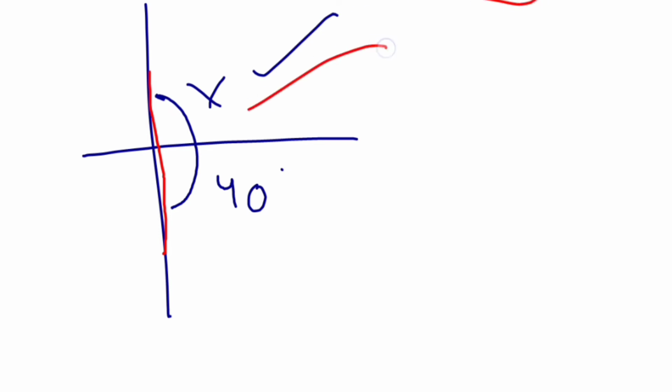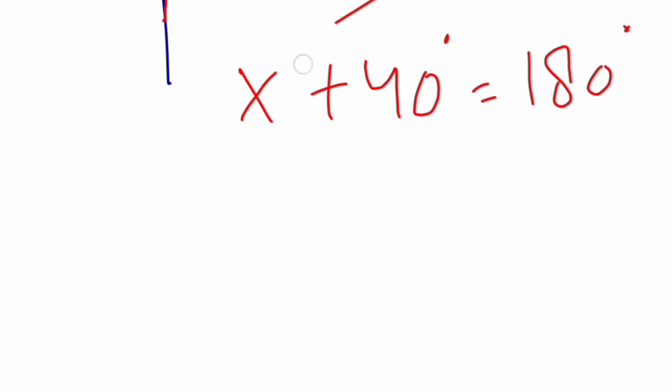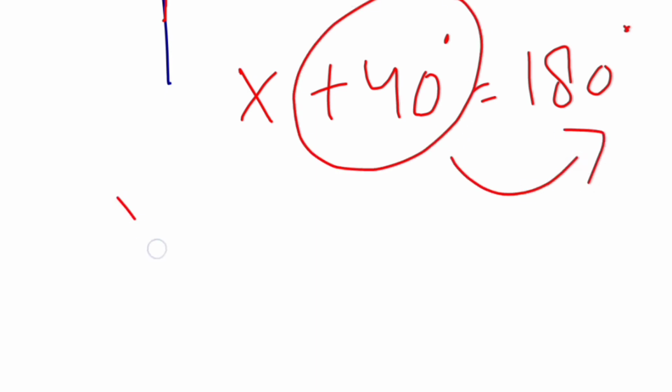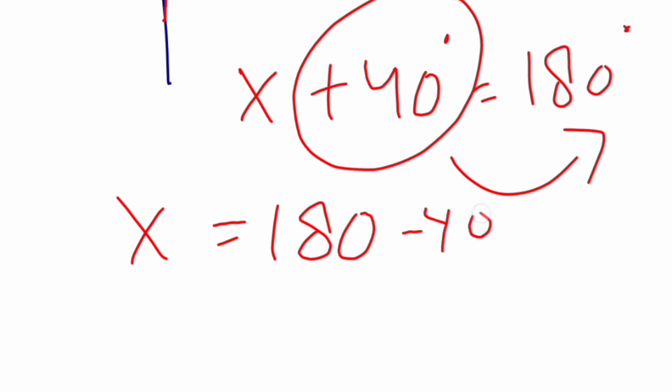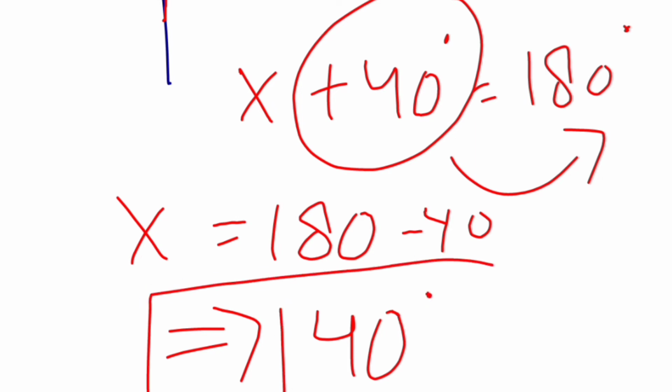So we can find the value of x easily. x plus 40 degrees is equal to 180 degrees. Now you have to transfer this 40 degrees. So x is equal to 180 degrees minus 40 degrees. When you subtract it, you will get 140 degrees as your answer.